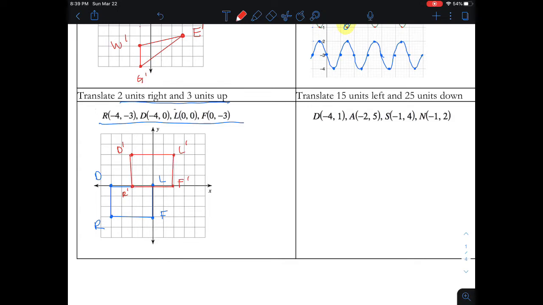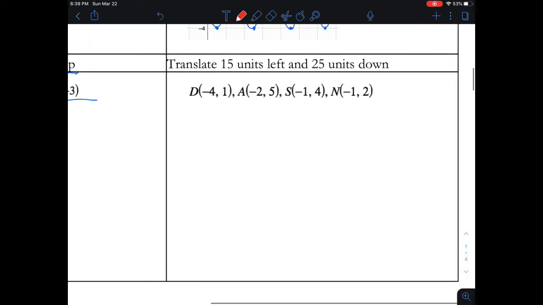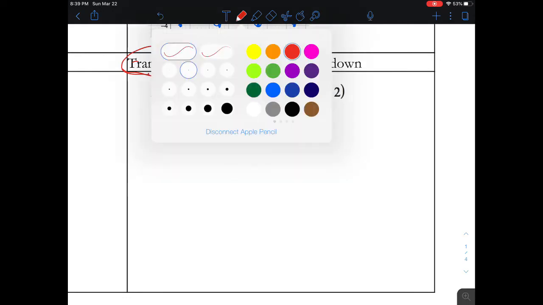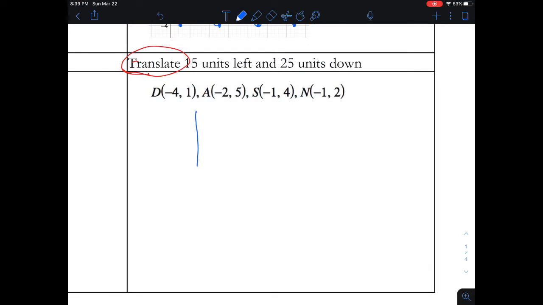Okay, so now what happens when we don't have a graph? Can we still translate these units? Well, yes, we can. We're just not really going to see what they look like on a graph. But the whole system of coordinate points means that we're able to map them even if we can't graph them.